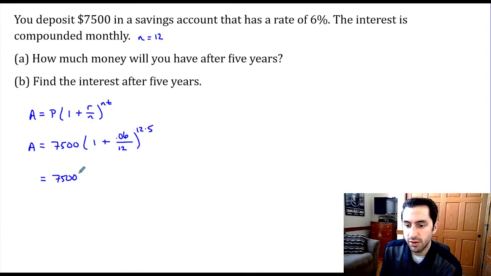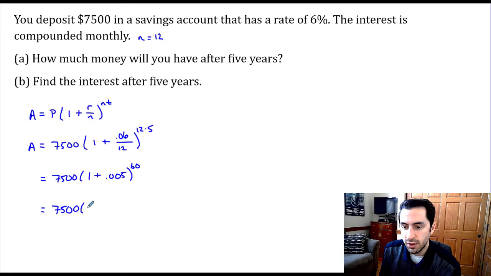So 7,500 times 1 plus, and then here 0.06 divided by 12 is the same as 0.005. And then the multiplication in my exponent, 12 times 5, we get 60. And again, what this 60 represents is I'm compounding my interest a total of 60 times over the course of 5 years. So we're going to end up with 7,500 times 1.005 to the 60th power.